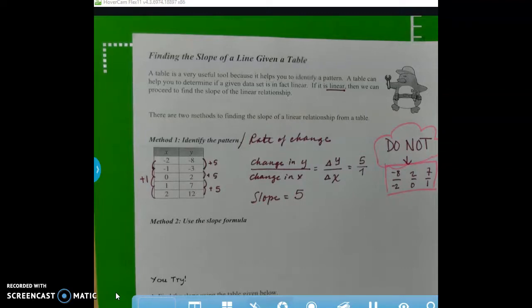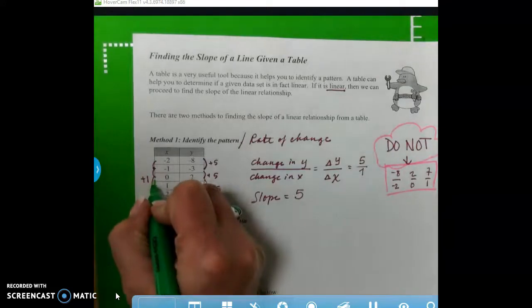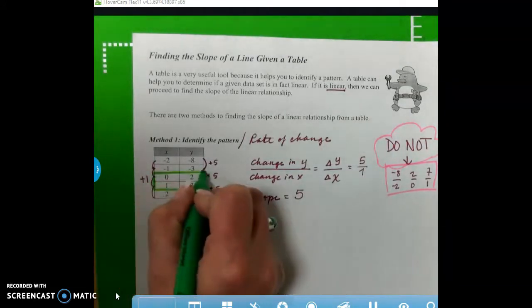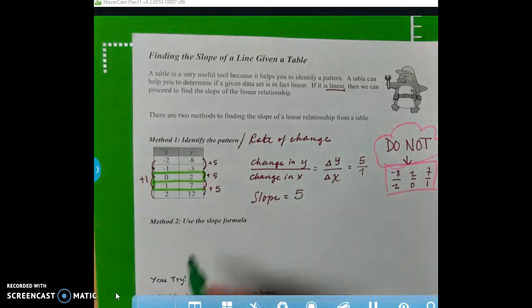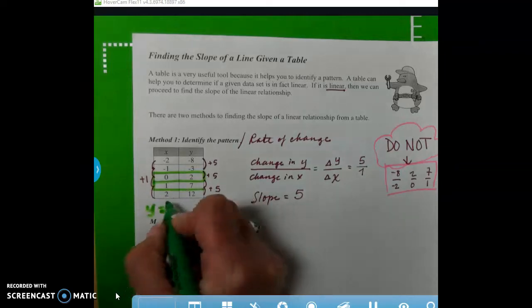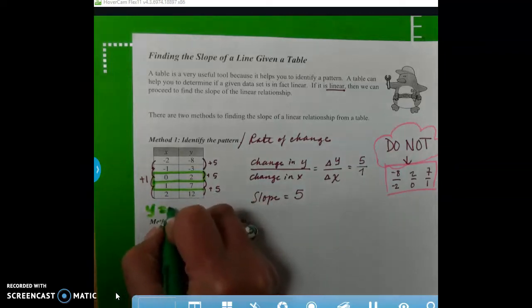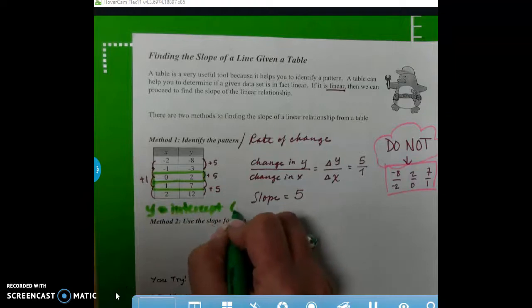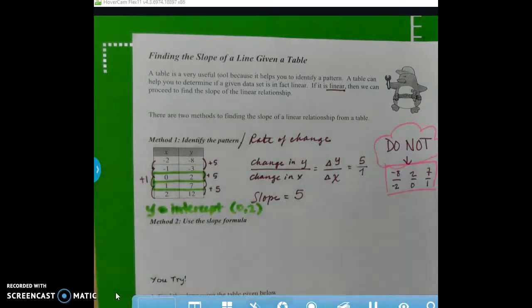Another tool that we can use our tables for is to determine Y-intercepts. So I am going to go ahead and label that. Your Y-intercept is right here in this value. No, went wrong direction. My apologies. Wipe all of this out. So a Y-intercept, not Y-axis, is (0, 2).